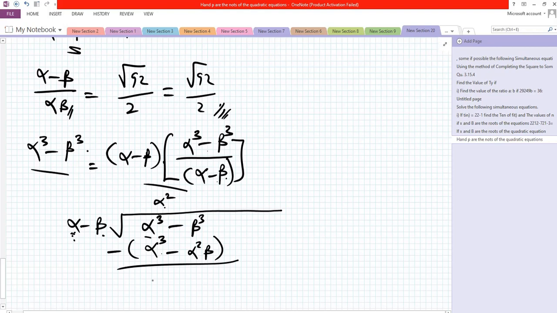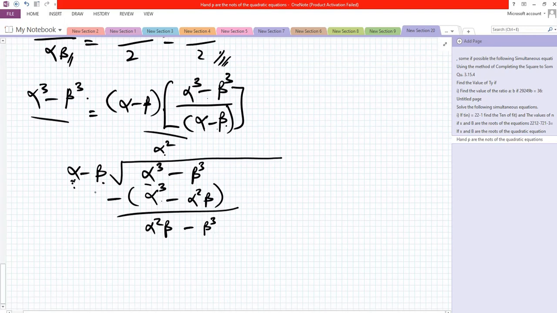You now have alpha square beta minus beta cube. Now if you use this to divide this, you have plus alpha beta. Then alpha beta times alpha will give you alpha square beta, plus alpha beta times minus beta will give you minus alpha beta square.